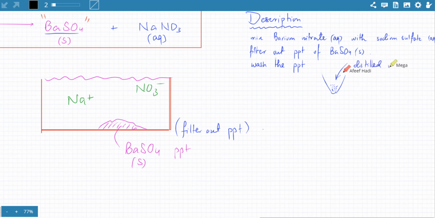The water would pass through, but the precipitate would remain there, and just get clean. So wash the precipitate and dry the precipitate between filter papers.